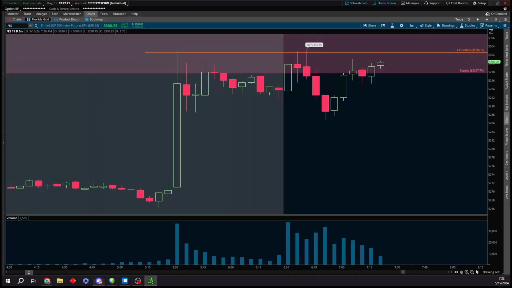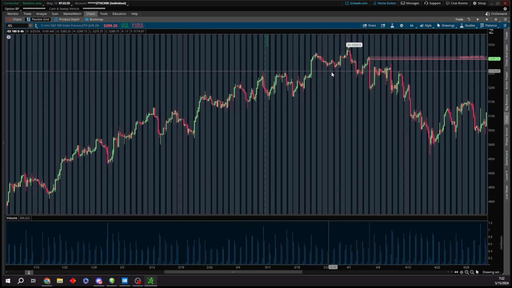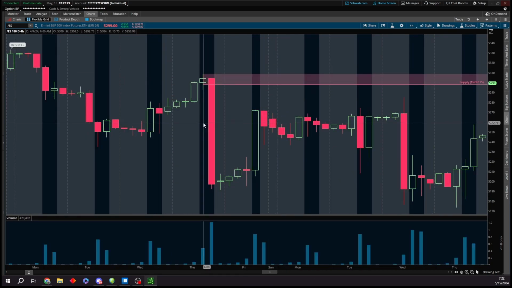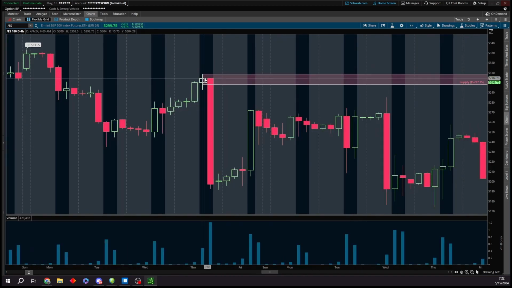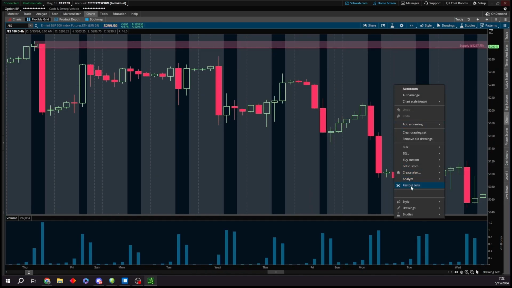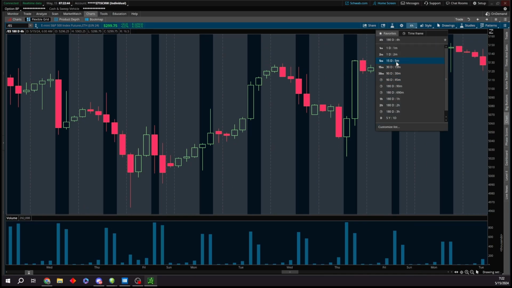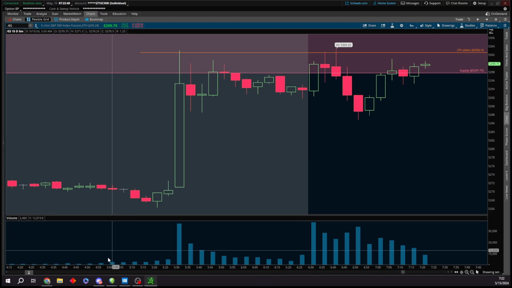And for the structure of that, it was from, again, like I said, April 4th, where we consolidated and triggered a move to the downside. So that was the context coming in for the supply structure that I took a trade out of.